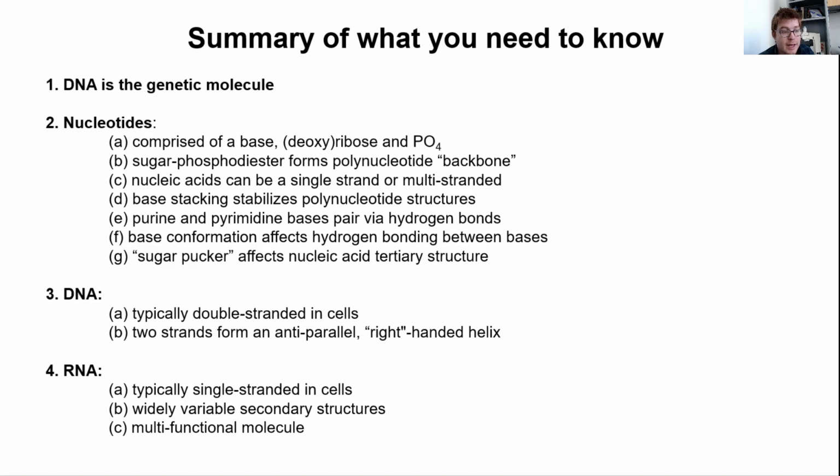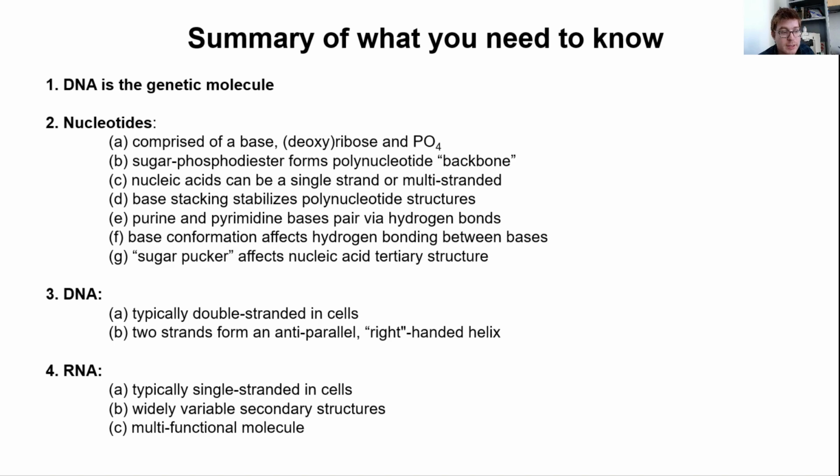It is interactions between purines and pyrimidines that form base pairing interactions via hydrogen bonds. And different conformations of the nucleotide can affect the types of hydrogen bonding that you see, for example, in those syn and anti nucleotides that we saw, or the sugar pucker of those nucleotides can affect the overall three-dimensional structure that we saw. So, for example, endo conformations that promote B-form DNA versus A-form RNA-DNA duplexes.